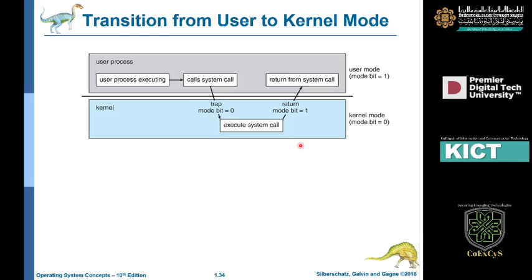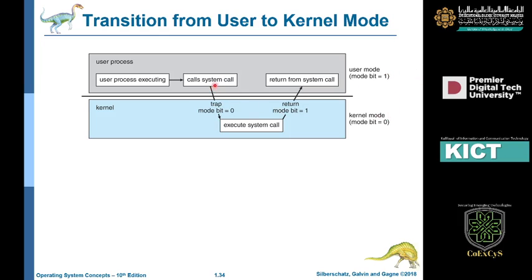Okay, let's look at this. When a user process is running and it tries to make a system call, that means it's trying to access something that only the kernel has the privilege of doing. It will switch from user mode to kernel mode.